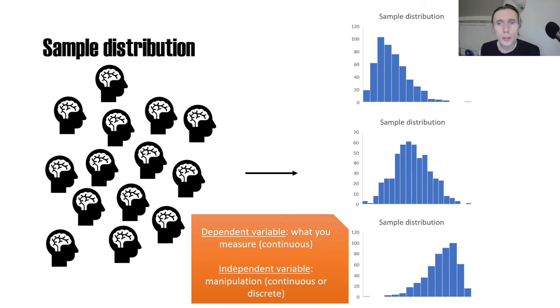Now, another thing is the independent variable, and the independent variable is the thing you manipulate. So what do I mean with that? For example, if you're comparing 2 groups with each other, let's say a group that gets a placebo medication versus a group that gets a real medication, then you would want to know how those 2 differ on the thing you measure, right?